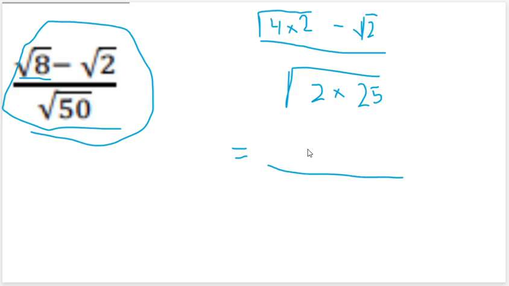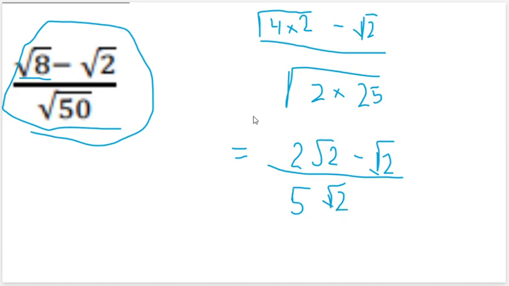So root of 4 gives us an answer of 2. Since we can't find root 2, we're going to just leave it as root 2 minus root 2. Now all over, remember, 25 is a perfect square, so we can find the root of 25, which is 5, and then root 2.